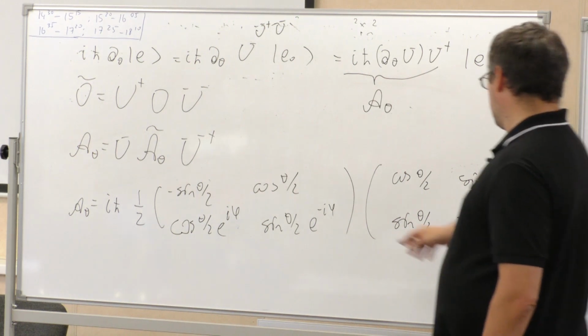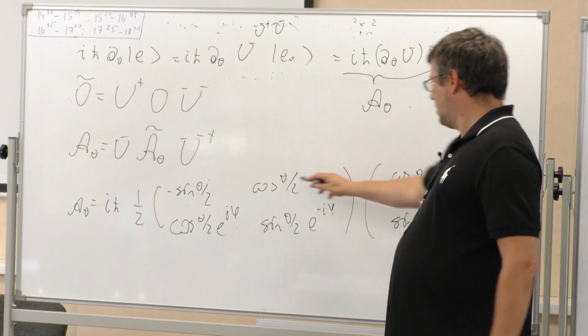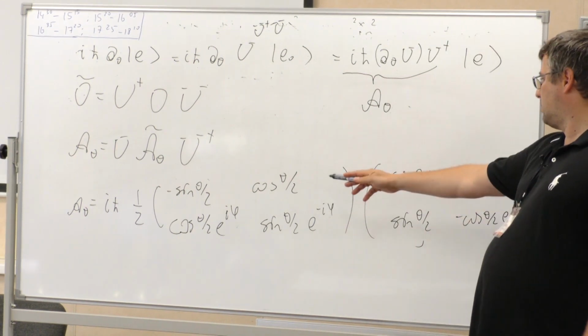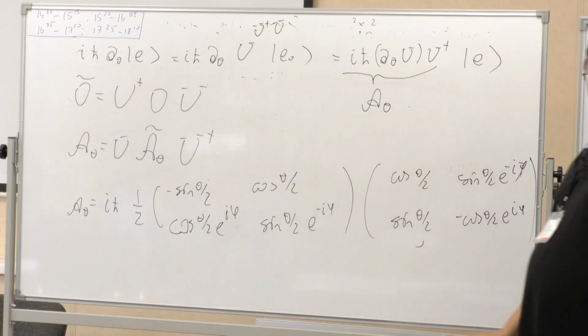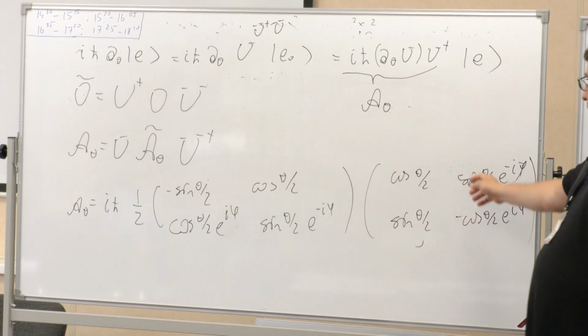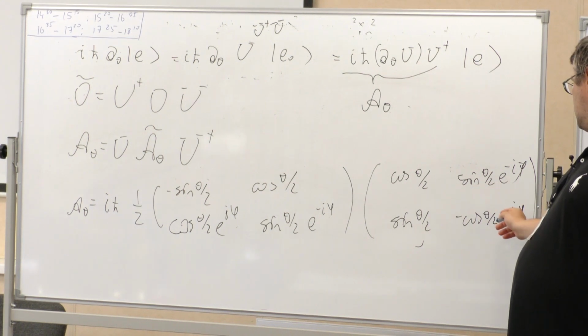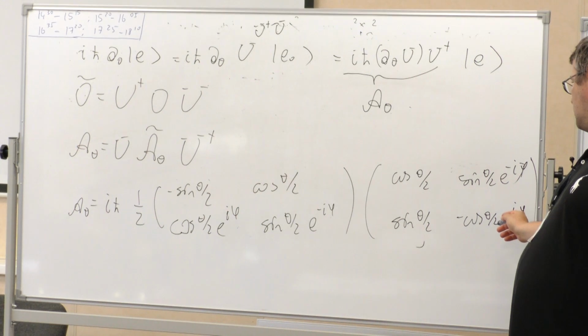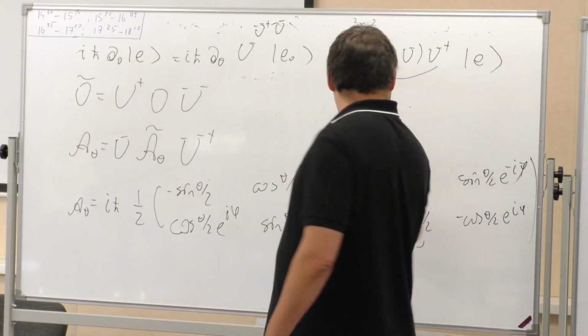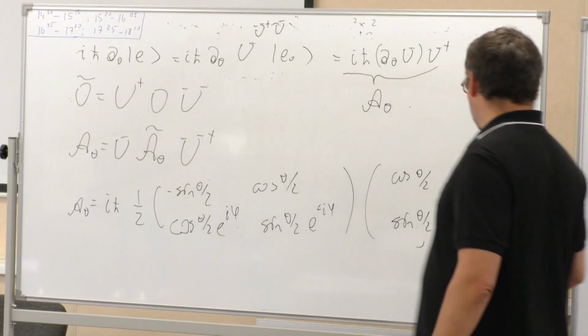So I can do it. For example, first row times first column is 0, minus sine cosine plus cosine sine is 0. Here I will get minus sine squared over 2. Yeah, I think both of them are plus i phi. I apologize, I think it's a typo in my notes.